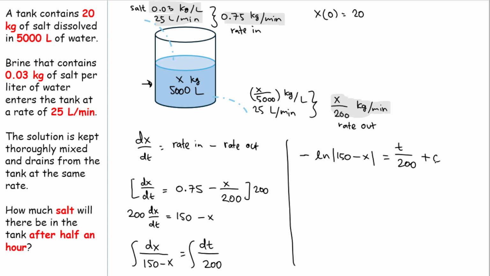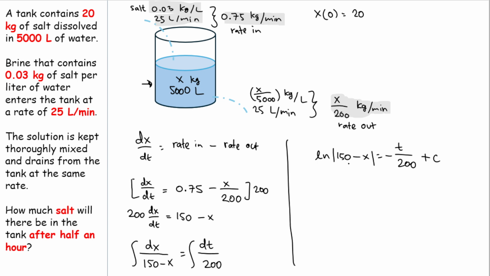We move the negative sign to the right-hand side, and c becomes minus c, but since it is an arbitrary constant, I don't need to rewrite it.